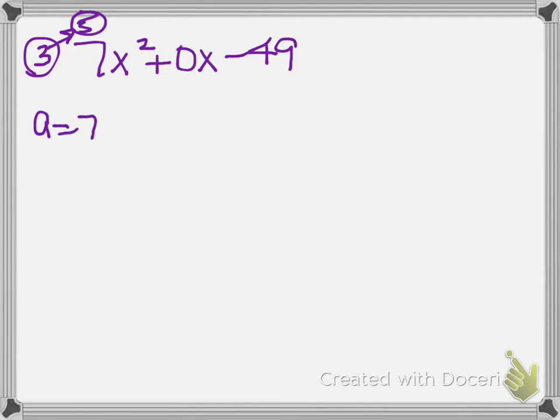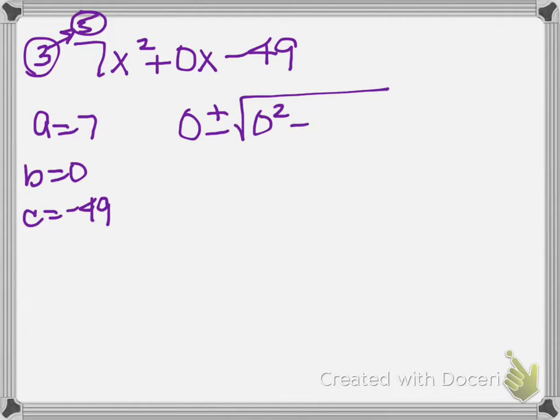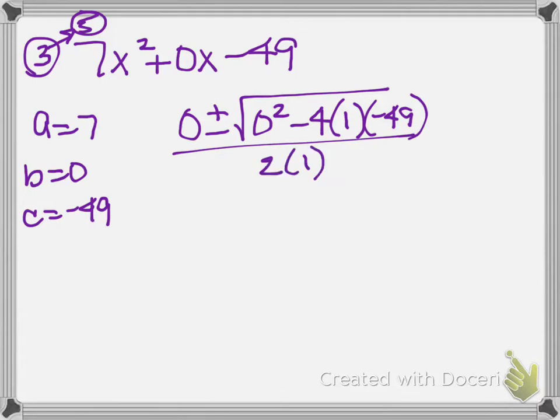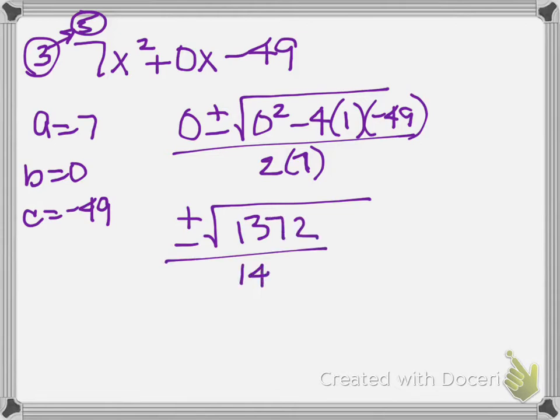So A is 7, B is 0, C is negative 49. So we have 0 plus or minus the square root of 0 squared minus 4 times 7 times negative 49, divided by 2 times 7. So we get plus or minus the square root of 1372 divided by 14.